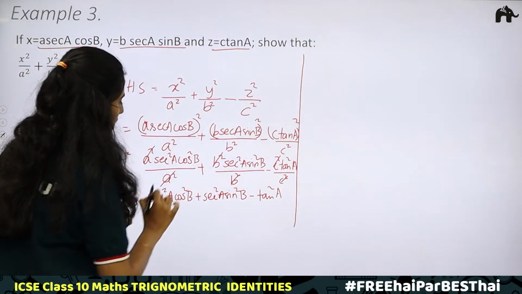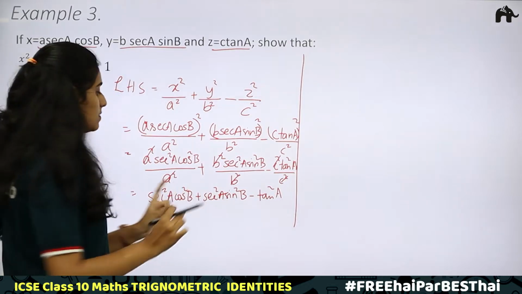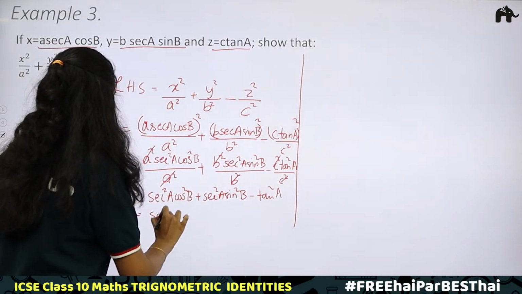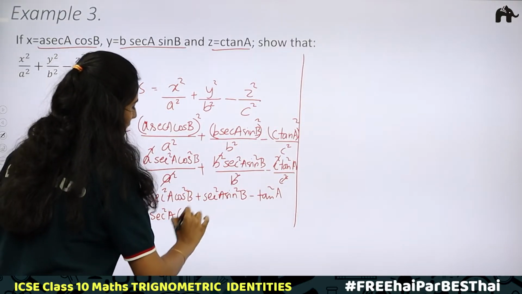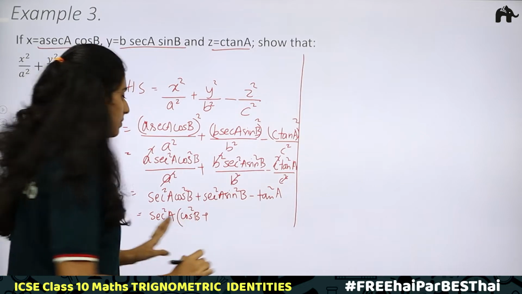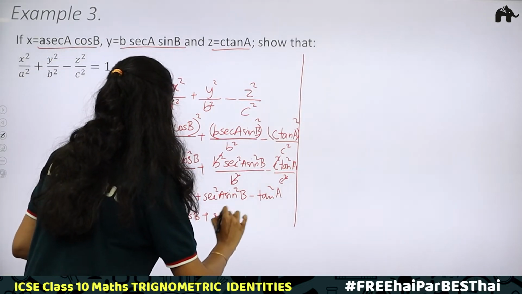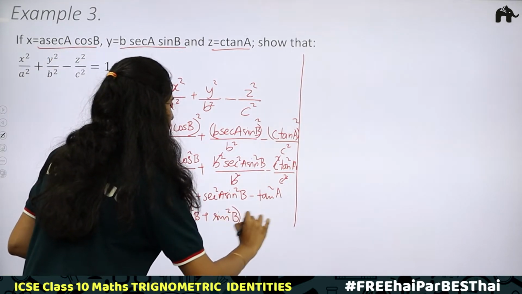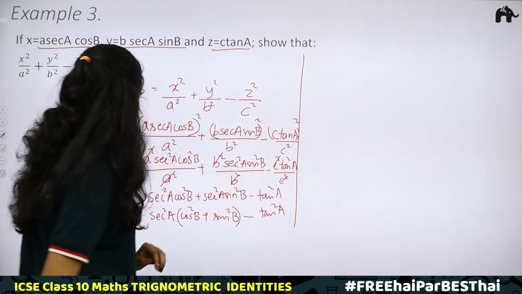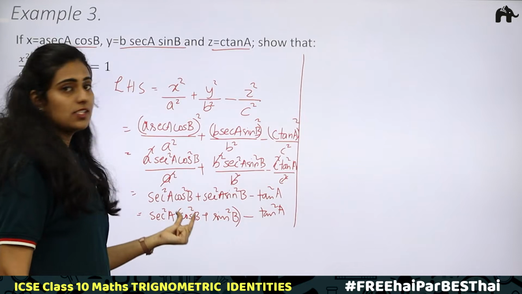Here we have sec square a, here also we have sec square a, which means sec square a can be taken outside. Sec square a into, here we have cos square b remaining and here we have sin square b remaining, minus tan square a. Okay, sin square b plus cos square b.